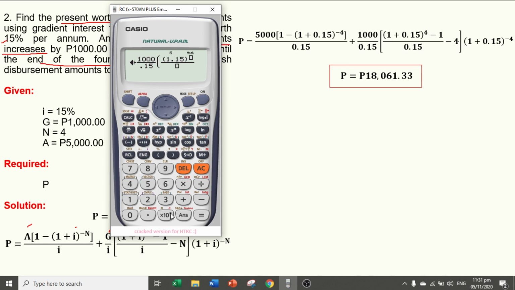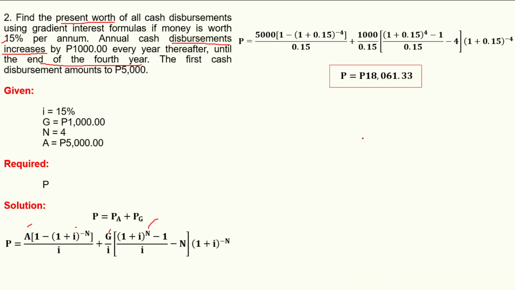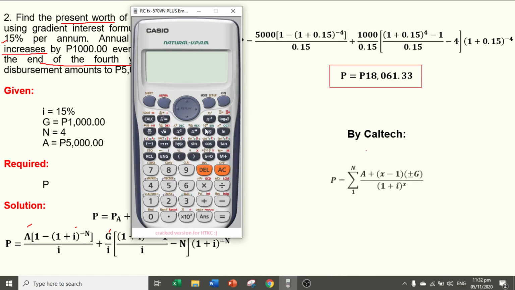Raised to positive 4, minus 1, over 0.15 minus 4, times 1.15 raised to negative 4. So, 18,061.32.